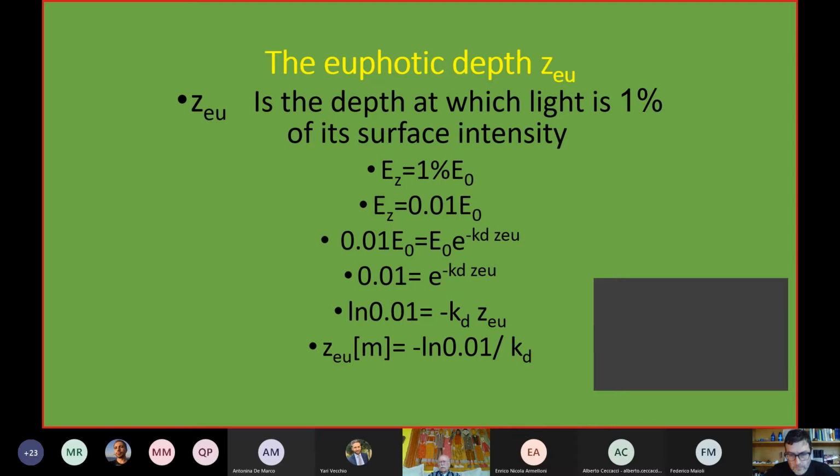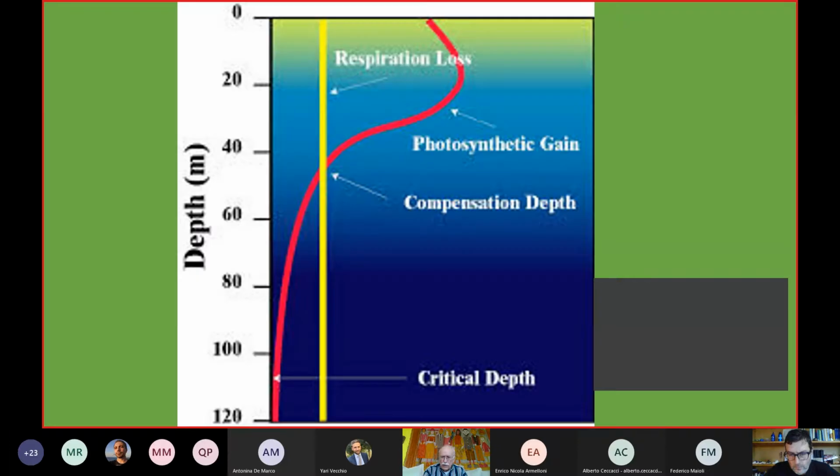In spring, it reduces to 2 meters. And in the very oligotrophic and transparent coral reef region of the Gulf of Eilat, we move between 80 meters and 120 meters. And in a dense algal culture, the euphotic depth could be a few centimeters. And all of that are key factors in the design of your culture systems.